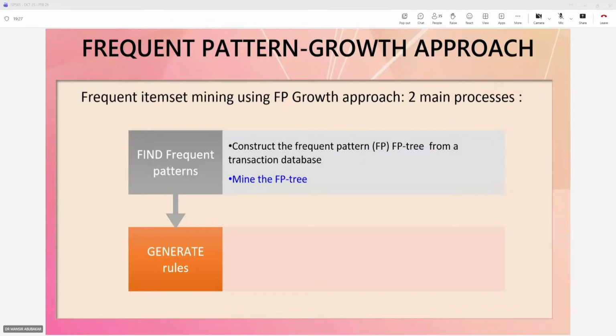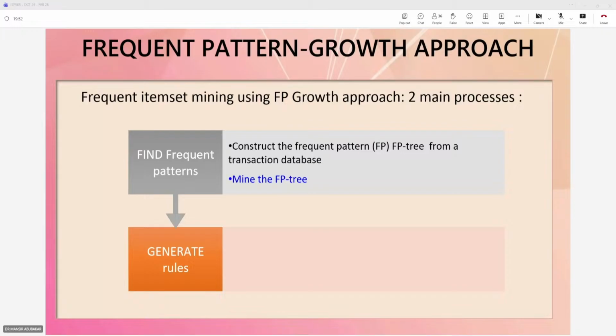That is, to construct the frequent patterns: what are the frequent patterns in the data? The algorithm will look at the data and ask what patterns are occurring. For example, you are buying 2 or 3 items, item A, item B, item C. What is the frequency of the occurrence of these purchases in all the transactions that we have?